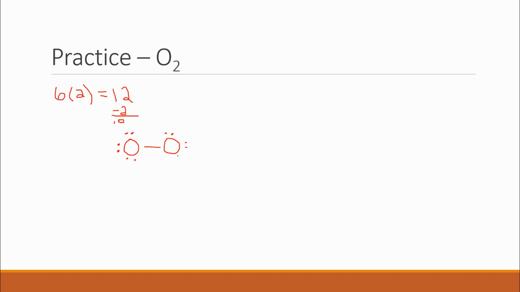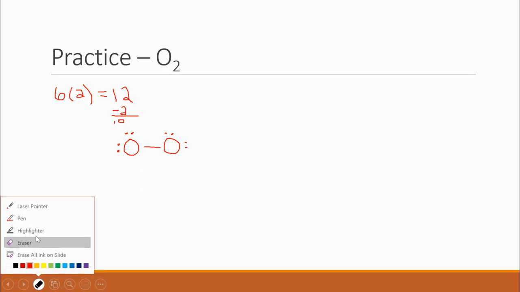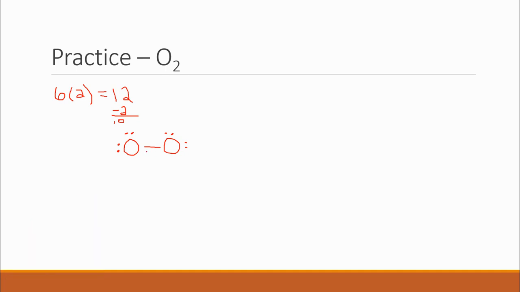But each oxygen atom does not have a full octet. The one on the left has 8, so that's good, but the one on the right only has 6. So what needs to happen is this beautiful thing called sharing. I'm going to remove these 2 electrons and create a double bond.